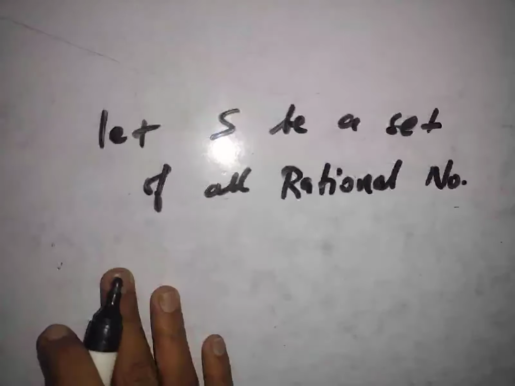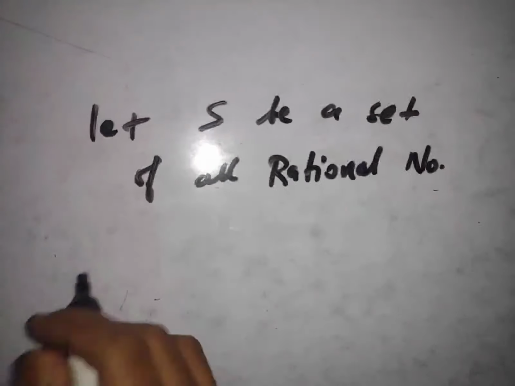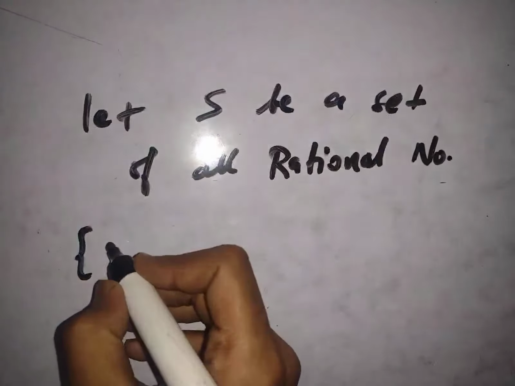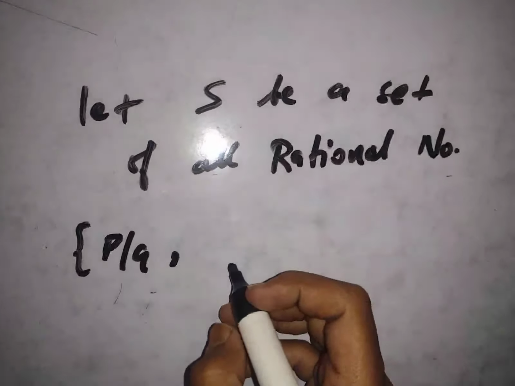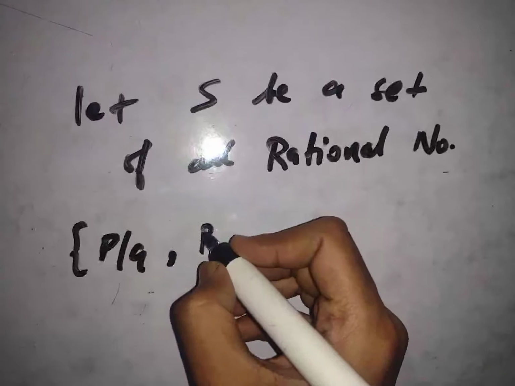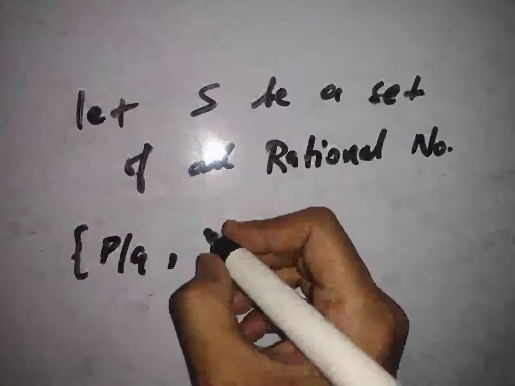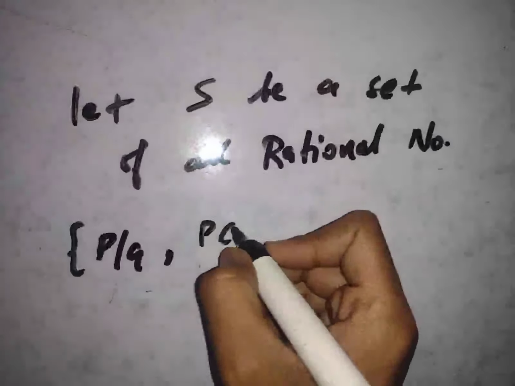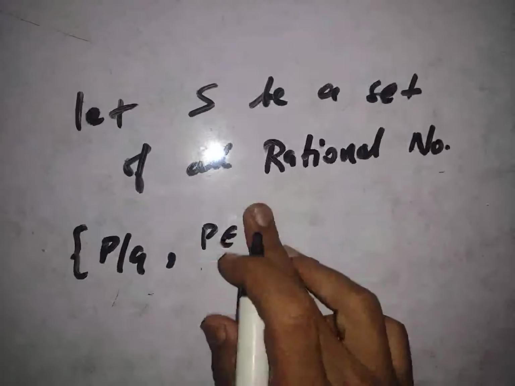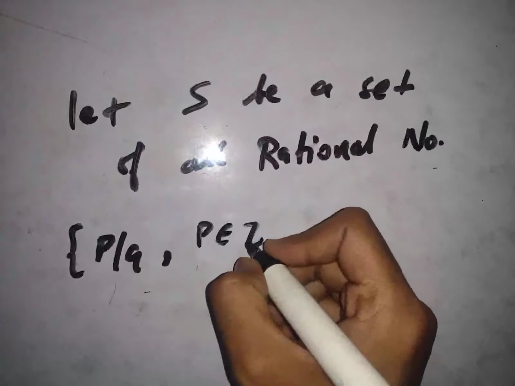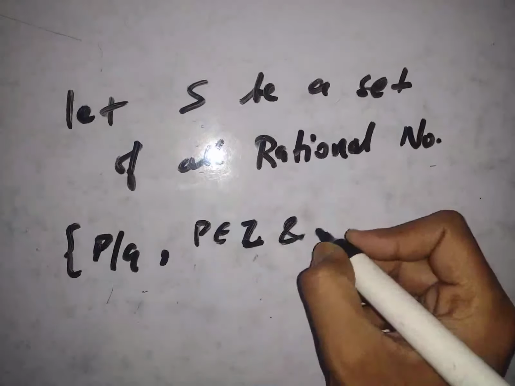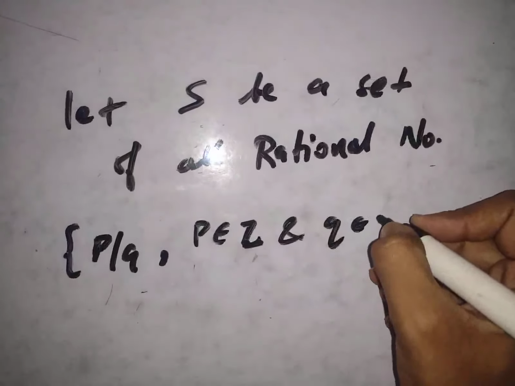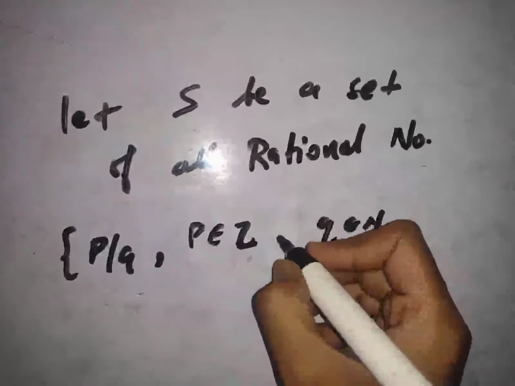In set builder form we can represent it as p by q, and we can put some conditions on p: p belongs to integers, and q belongs to natural numbers.